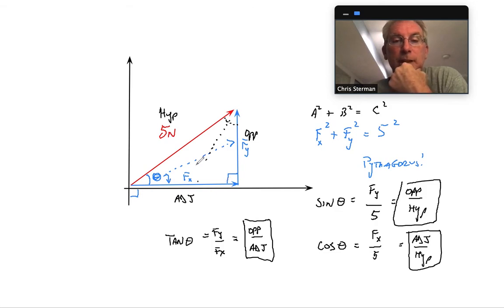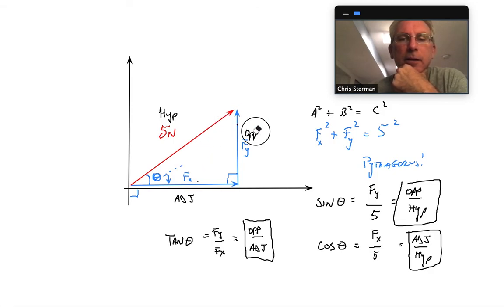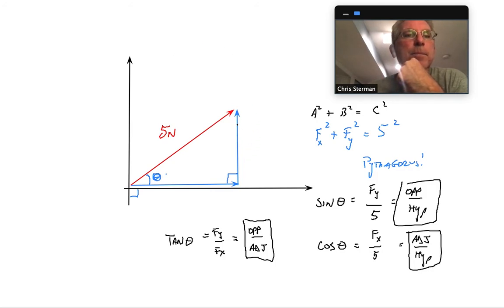So if we went back and I said, well, look, let's stick in some numbers here. So let's say that this one right here was 3 newtons.